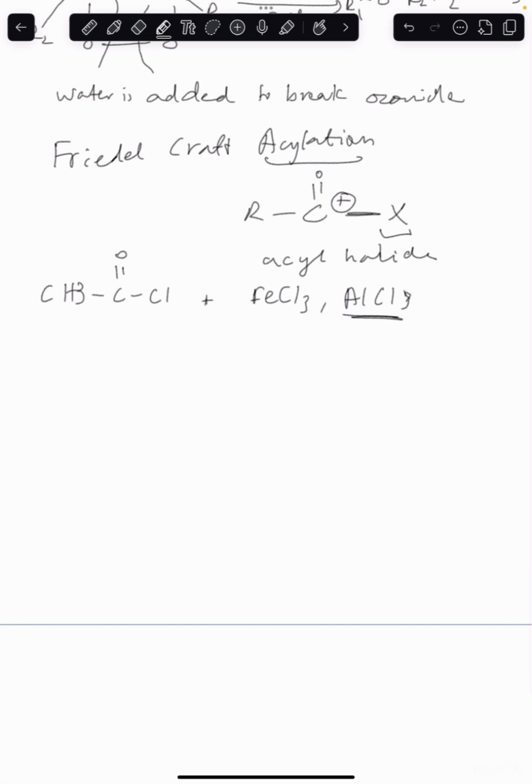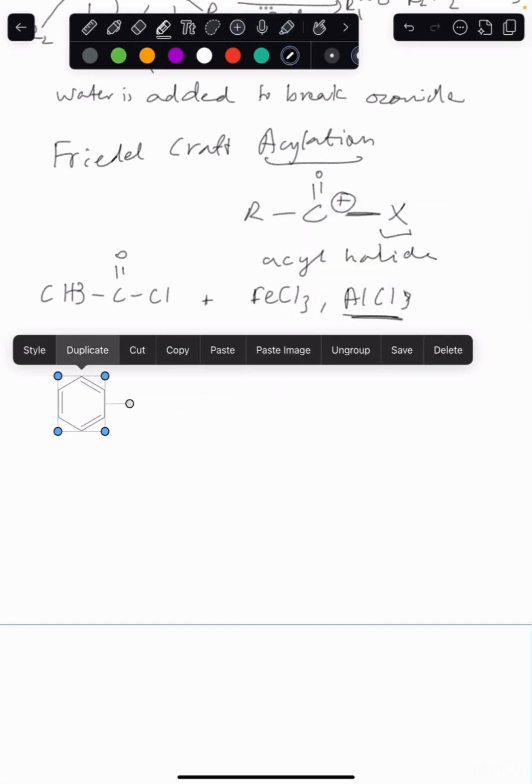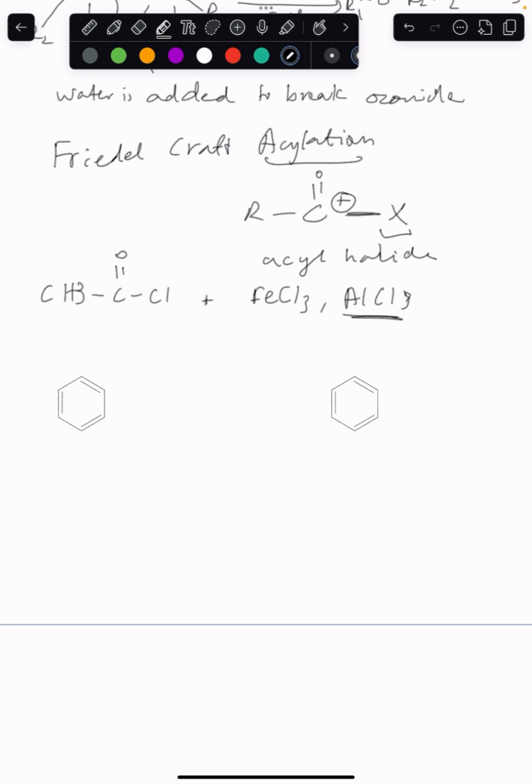What we'll have is a benzene ring, and it has, what we'll do is we will combine. We will first generate an electrophile. So the mechanism is to generate an electrophile.